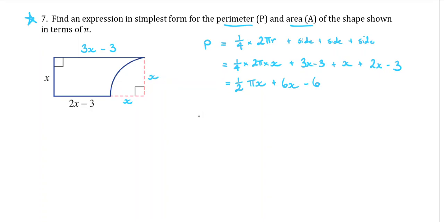Let's do area. Area equals. Okay, we would do the big outside rectangle, which would be base times height, and then I would subtract off my quarter circle that's been cut out of it. So a quarter of, if it's area now, is going to be pi r squared.